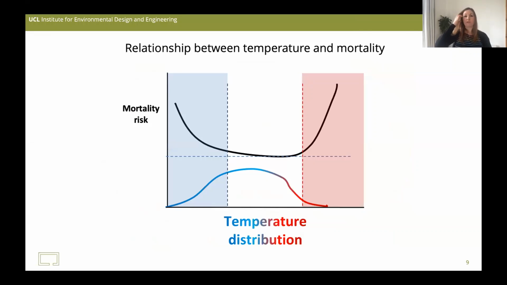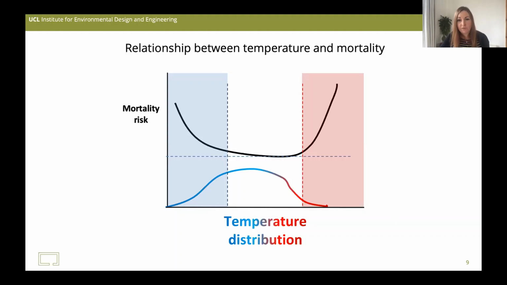To give you a very simplified example, if we take a temperature distribution for a particular location, associated with the same population group, you have a distribution of temperature which relates to a mortality risk. Below a certain cold temperature threshold, you tend to see rising mortality risk. And again, over a heat threshold, you get a rise in mortality risk as well. For heat, this rise tends to be steeper than the rise for cold mortality.